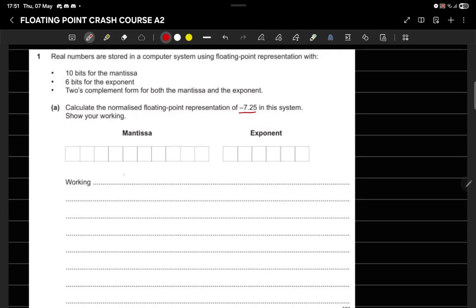So to do this, first we write 7.25 in binary, positive. That is going to be 0111.01. Now we write in 2's complement, which gives us 1000.11.